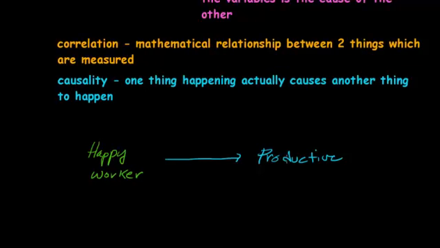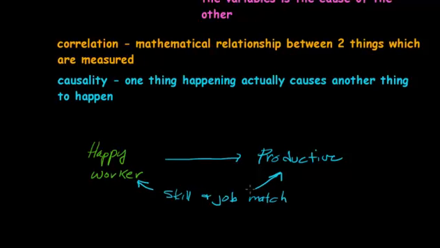There could be another variable involved, and in fact, in this situation, the skills and job match is another variable that is probably affecting this. In other words, the better a person's skills are matched to the work they're doing, the more productive they'll be and the happier they'll be.